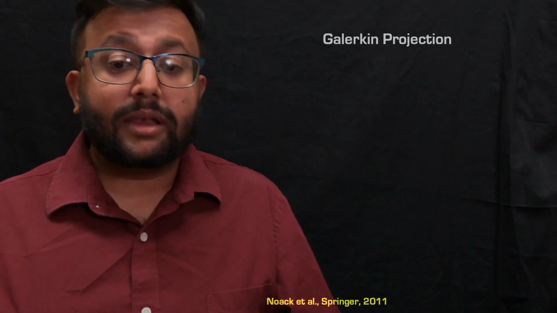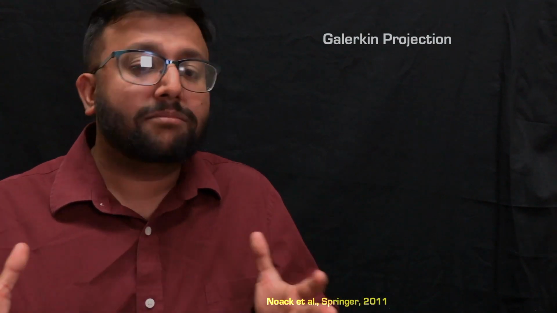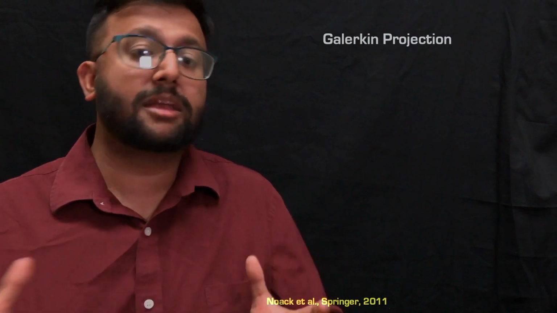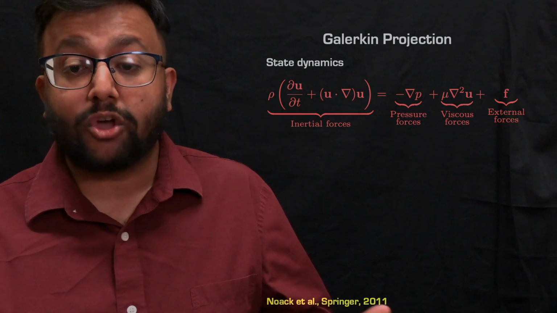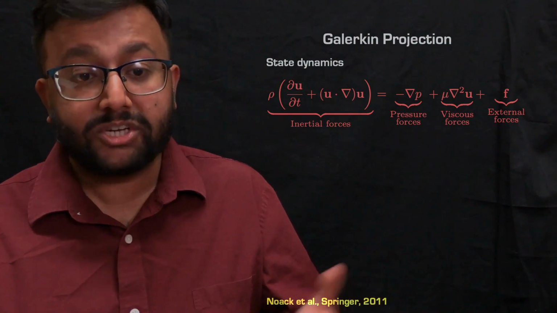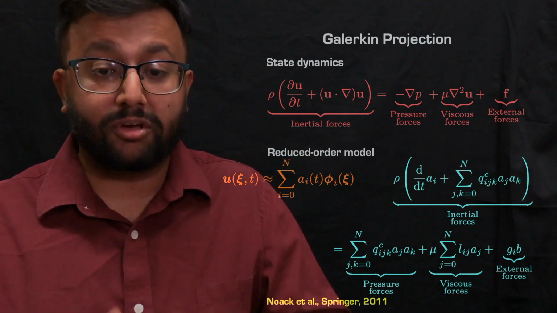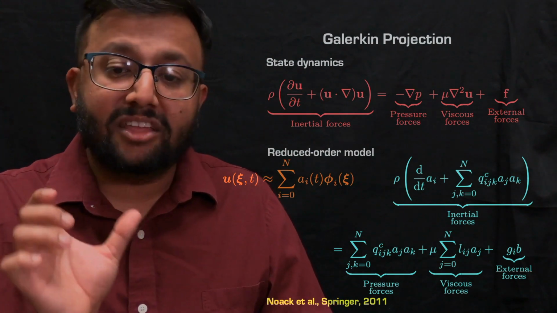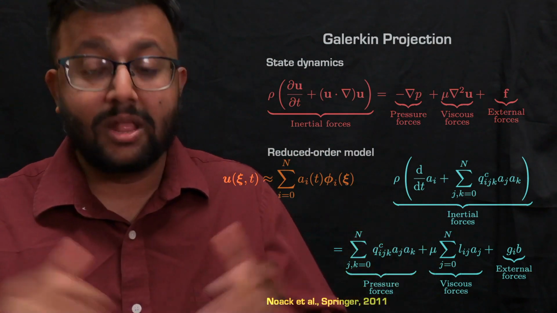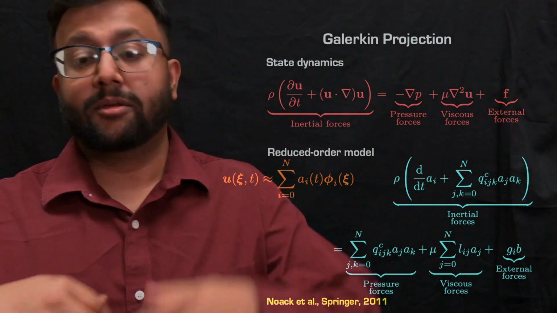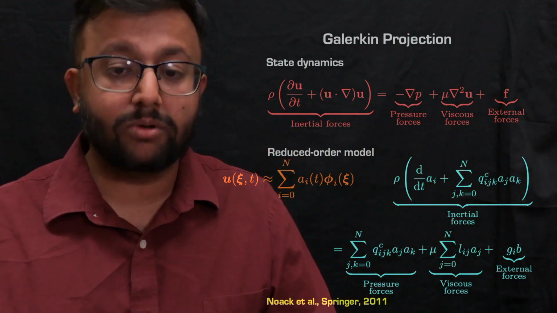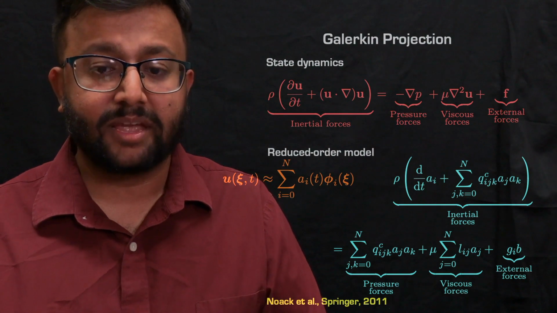All right, so let's look at the exact mathematical framework for Galerkin projection of fluid flows. Now, the state dynamics of the conservation of momentum equation can be converted to a reduced order model by expanding the velocity field U as a summation of spatial modes or POD modes and temporal coefficients.